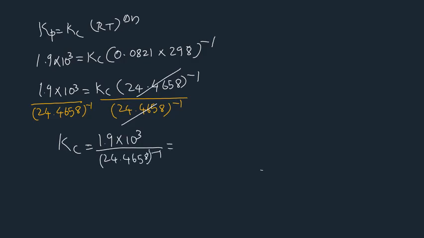So we can cancel this one and this one. That equals 1.9 times 10 to the power 3 times 24.4658, because it is -1, and when we take it to the numerator, it will be +1. So we can just multiply those two numbers now. That will equal 46.485 times 10 to the power 3.